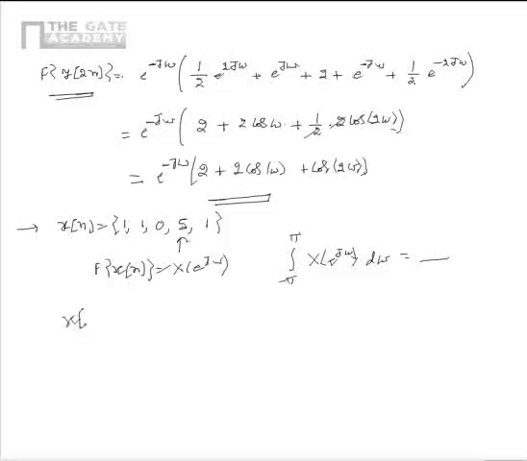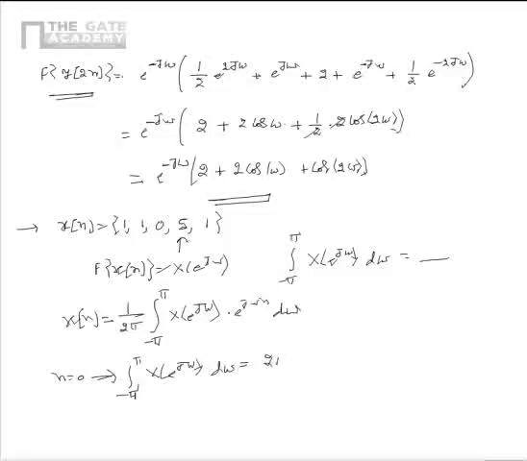We know that from the synthesis formula, to get x of n from X of e power j omega, x of n can be written as 1 by 2 pi integral minus pi to pi X of e power j omega multiplied by e power j omega n d omega. Upon substituting n equal to 0 in the above relation, we get that the integral from minus pi to pi of X of e power j omega d omega is equal to 2 pi into x of 0.